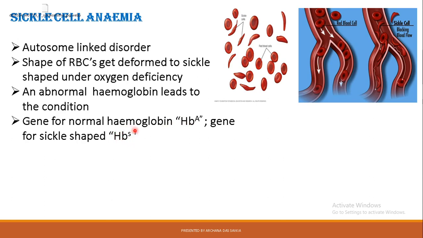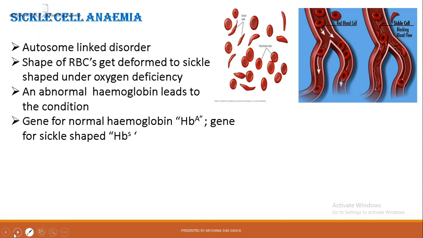So if a person has the HbS gene and also HbA, that means in the pair of alleles one is A and the other is S, then the person will be a carrier. But if the person has both HbS genes, then that person will be suffering from sickle cell anemia.